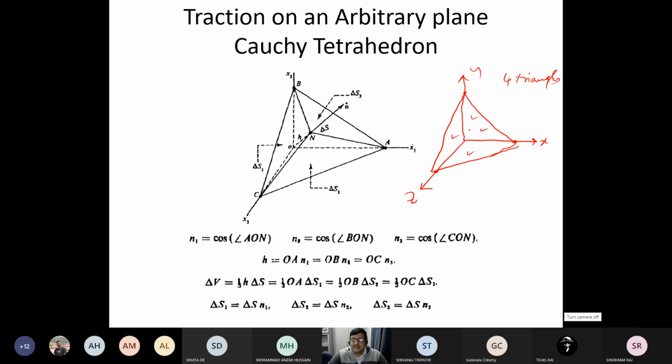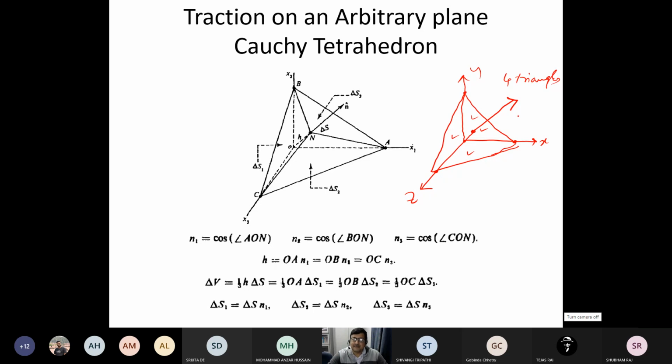So now through this tetrahedron, I define an arbitrary point here, and this is my origin. And I say that through this surface, there is this particular point through which there is some force that I'm applying.